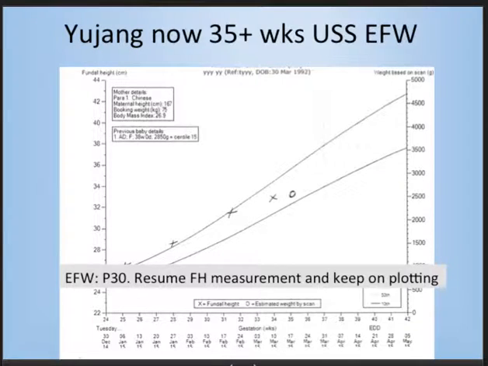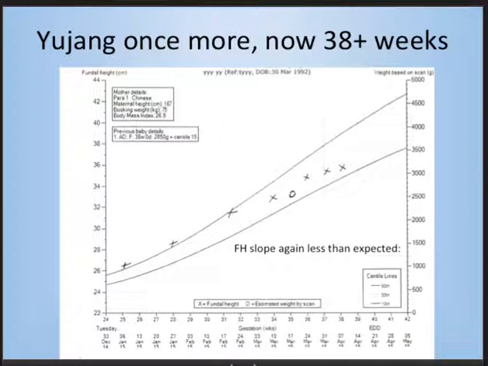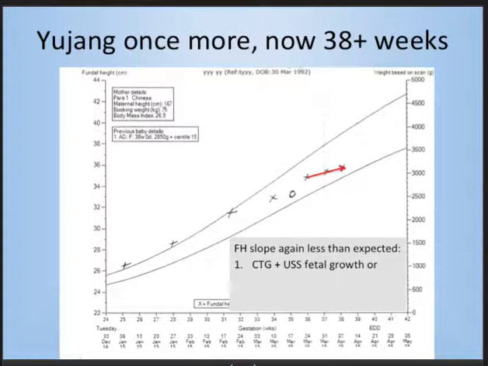Now we see Yu Yang a few weeks later at 38 weeks, and the fundal height slope again is less than expected. We have now two options. Do you realize this is a para 1 at term? So if you have the opportunity to do a quick ultrasound scan combined with the CTG to confirm fetal well-being, that could be an option.